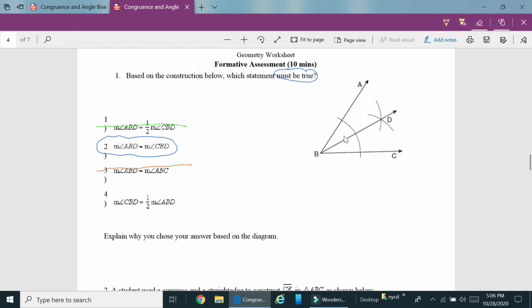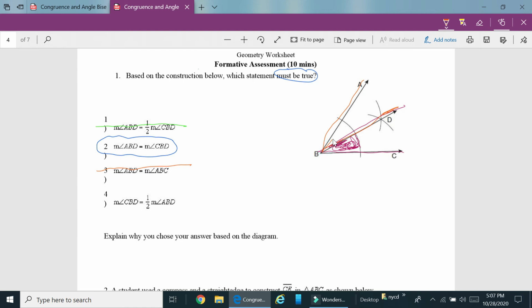Now let's look at CBD. CBD, you look at the angle right here. Is that equal to half of A, B, D?